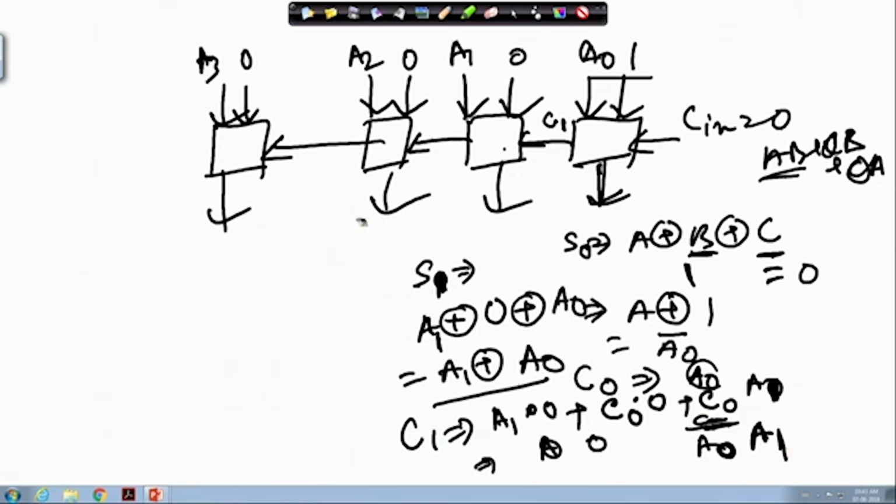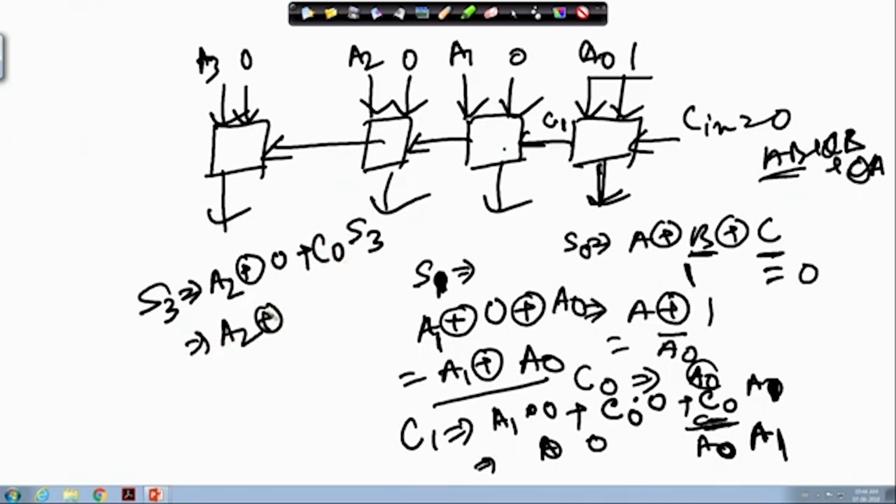Now whenever I try to find out S2, what will be S2? S2 value is A2 XOR with 0 plus C1. So, that means A2 will be XOR with A1 A0.